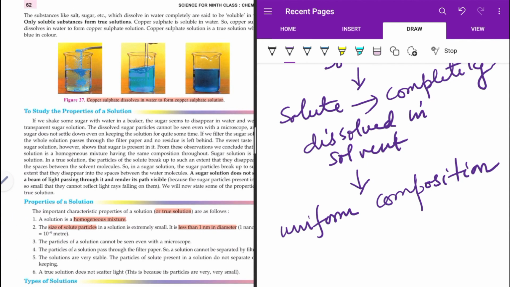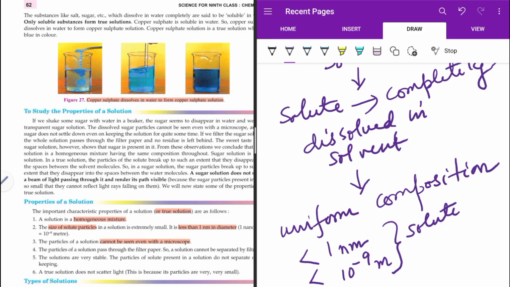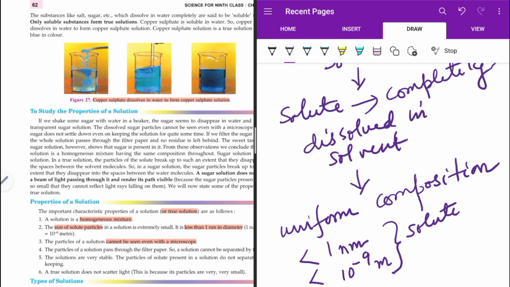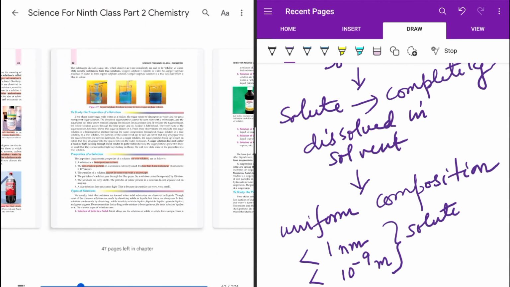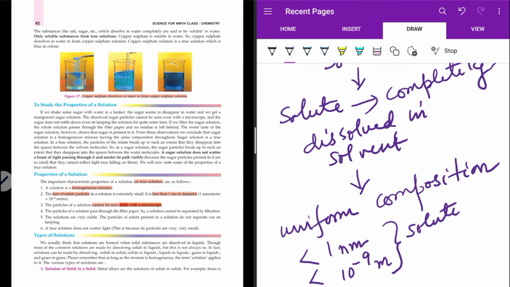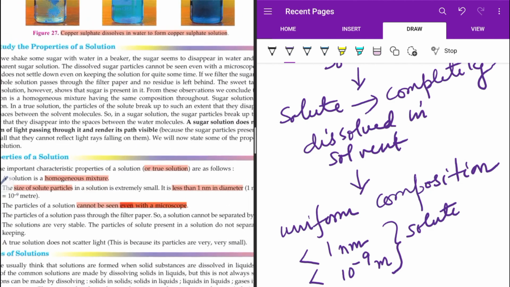It's better if you remember that it is less than 1 nanometer, less than 10 to the power of -9 meter. That is the size of the solute particles. And so you cannot see them even with a microscope. Under a high power microscope also you cannot see, and under a simple microscope of course you cannot see.